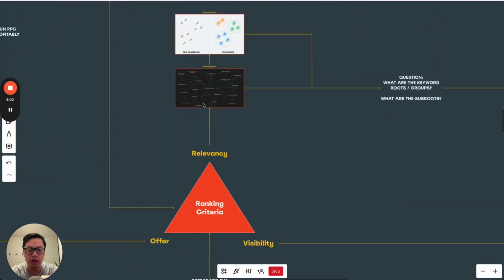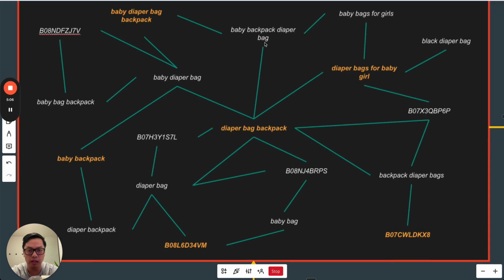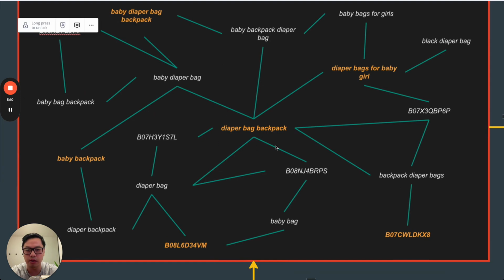It would make a lot of sense for Amazon to then start to rank you well for any keywords that are very relevant to this keyword. So if you're ranking well for diaper bag backpack, they're probably going to get you to rank well for baby diaper bag, baby backpack diaper, and diaper bags. The main reason is that they all share the same root word: diaper bag.